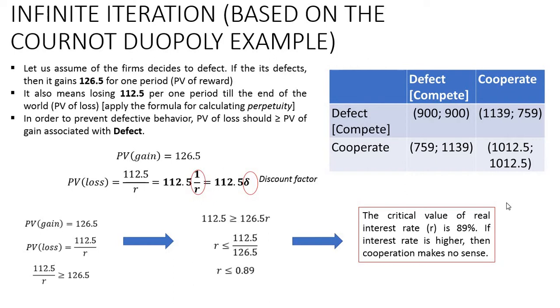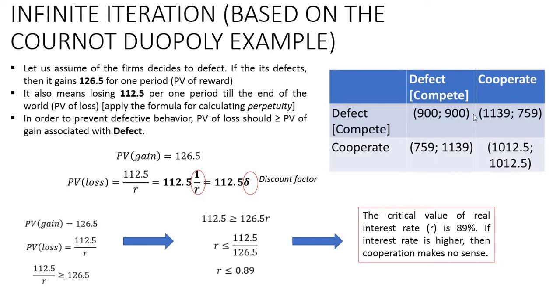So the effective reward is 126.5. However, since we assume a grim trigger strategy, it also means that starting from the next period and then each period till the end of the world, the first firm will get only 900 instead of 1012.5. So previously we cooperated, then I defected in period 0.